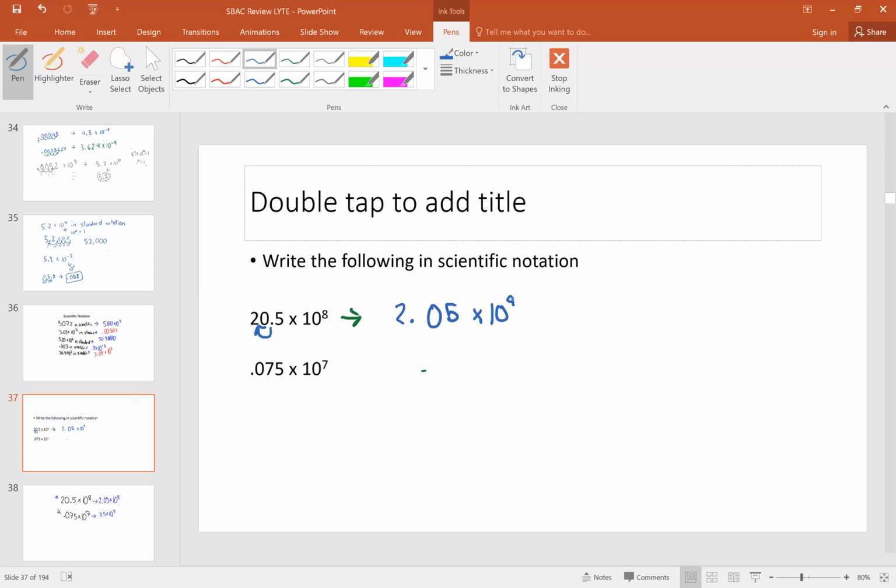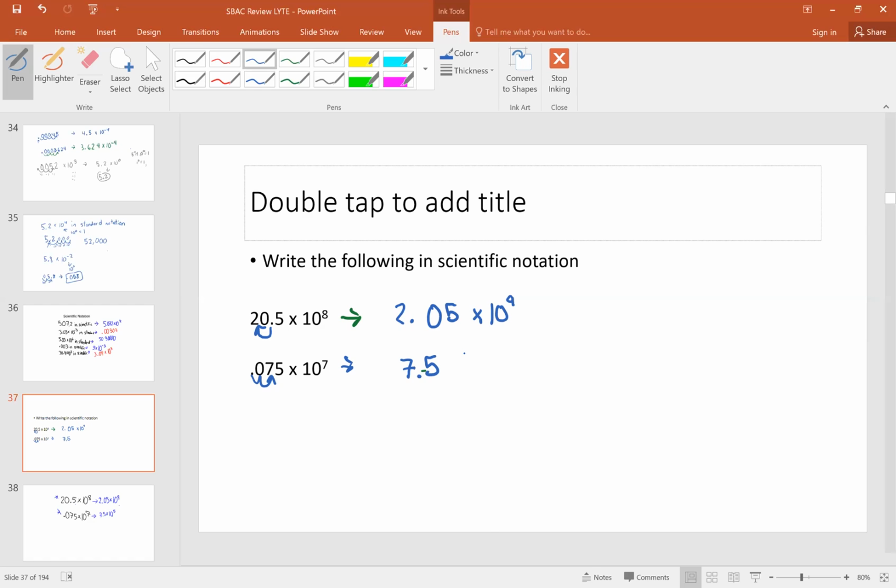So let's try the next one, which is 0.0575 times 10 to the 7th, which is going to be moved to the right twice, right? And that's going to be 5.75. Now, if it's moved to the right, what do I need to do?